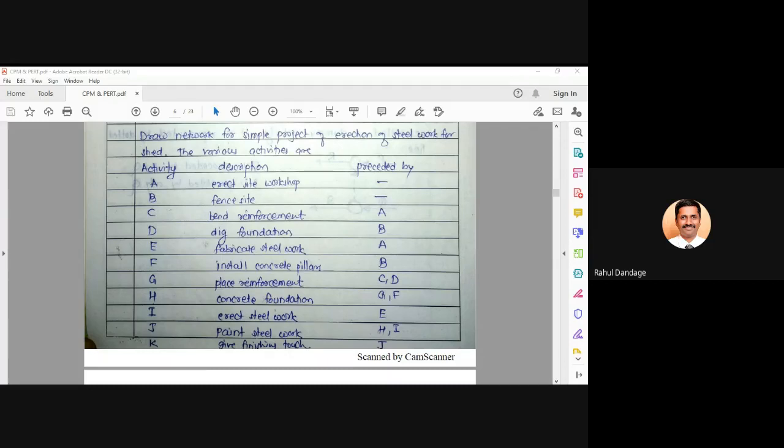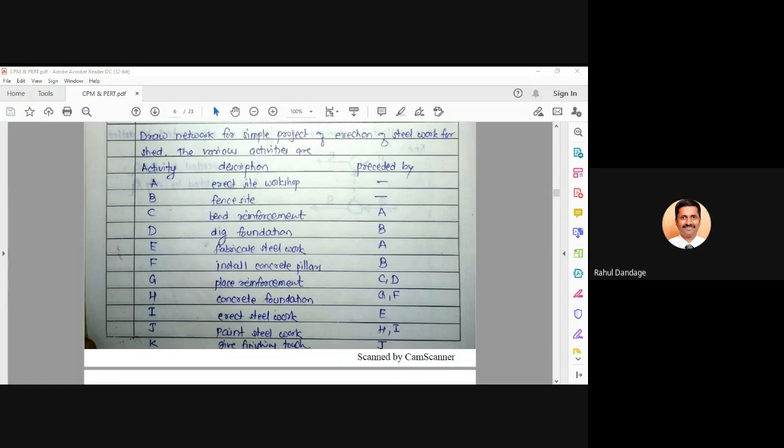Now we have to construct this network diagram. This information which is given, we have to convert into a network diagram. So let us try to understand how we can convert this into a network diagram.